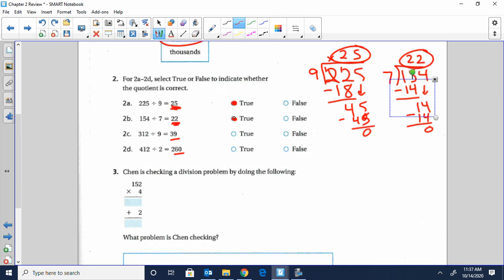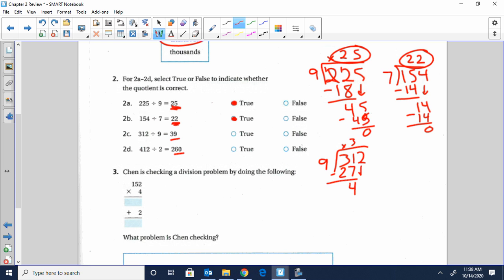On C, 312 divided by 9. 9 does not go into 3. It goes into 31 3 times, because that's 27. And I get 4.